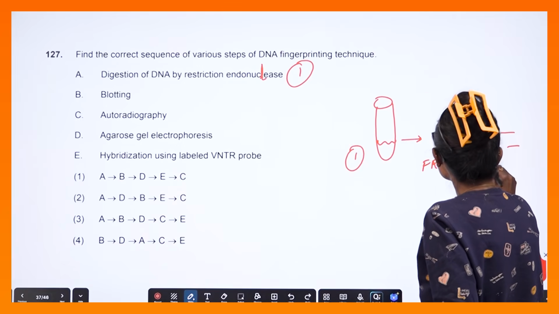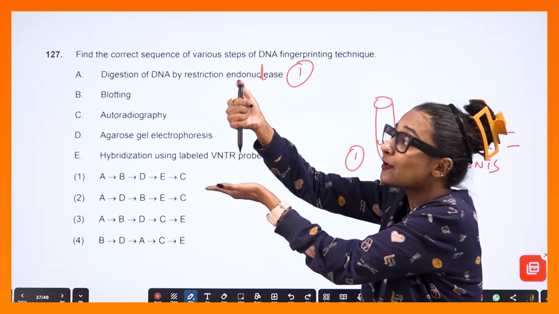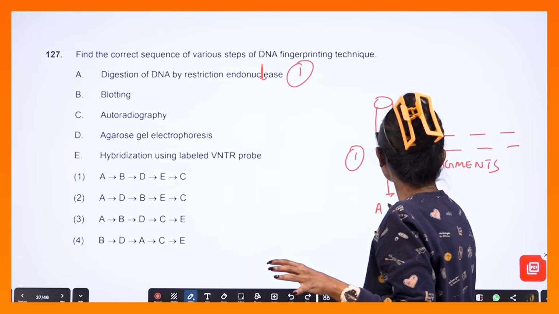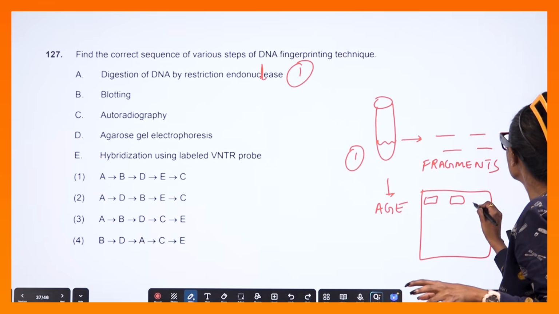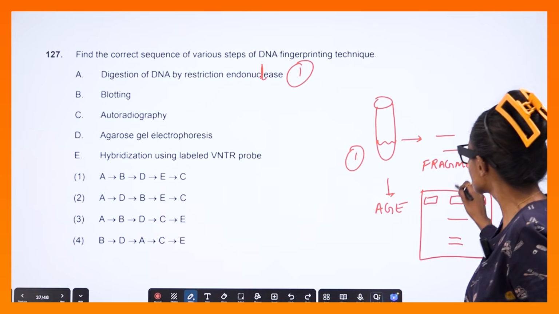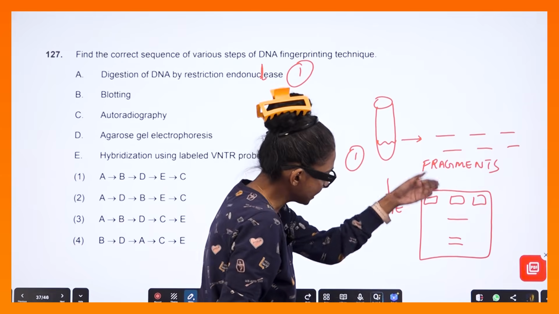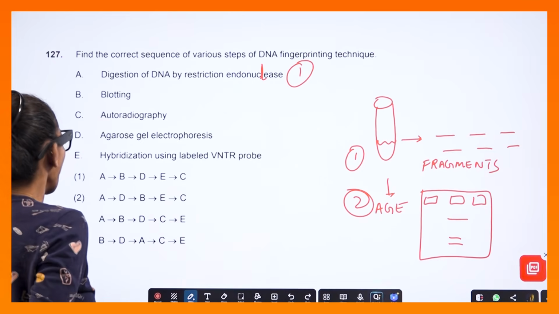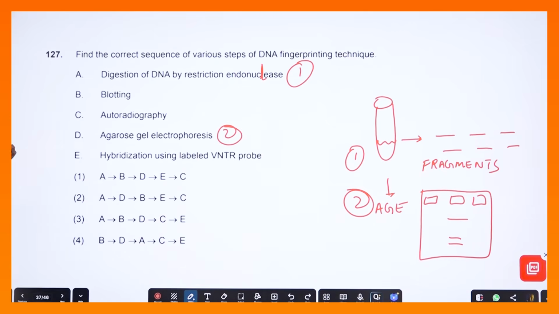Now you need to see whether these fragments are actually formed or not, because whenever you are performing the experiment, it's all in transparent media, right? So you do agarose gel electrophoresis. When you do agarose gel electrophoresis, you will notice very well that the fragments have been formed. Randomly I am drawing. So you can do AGE to see whether the fragments are formed or not by locating the bands on the gel. So this is step 2. So agarose gel electrophoresis, right? So A and then D.